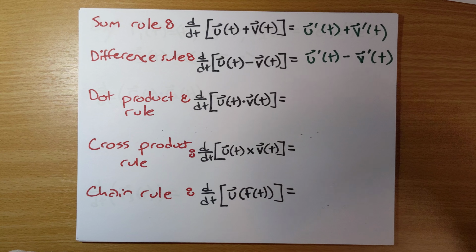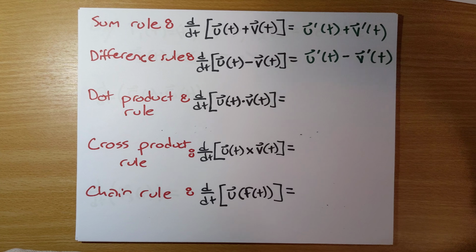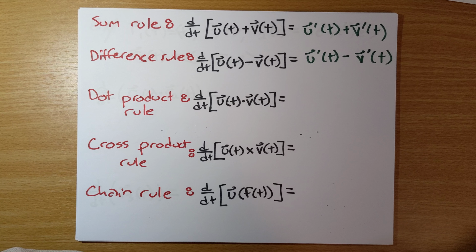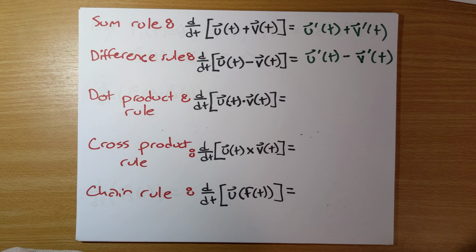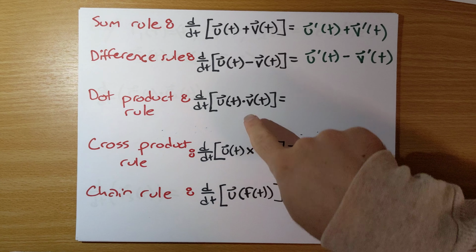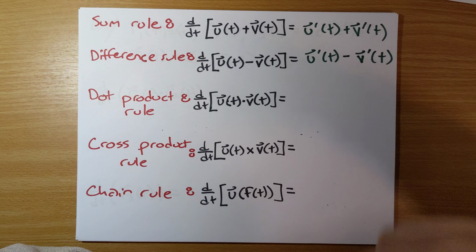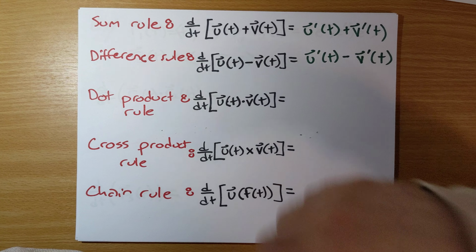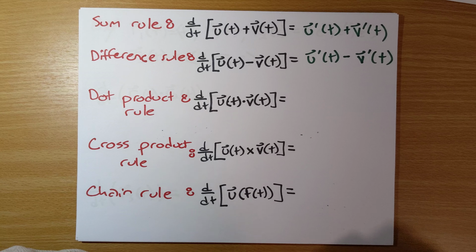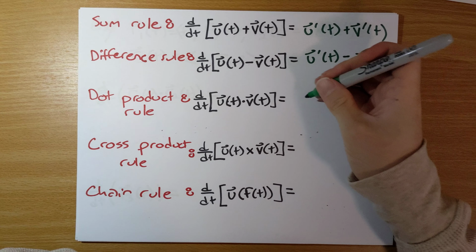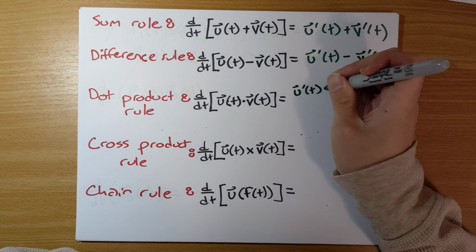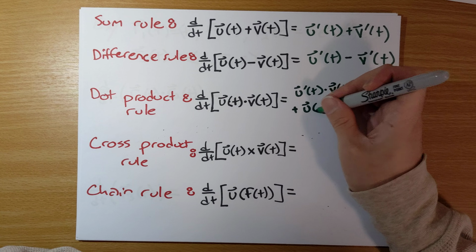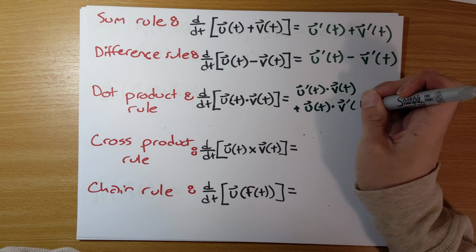And so once again, these rules would be what we should expect them to be. One function times the derivative of the other function plus the derivative of the first function times the second function, just like the product rule. But the product that is in there is going to have to be the appropriate product, the dot or the cross. So the derivative of u dot v is u prime of t dot v of t plus u of t dot v prime of t.